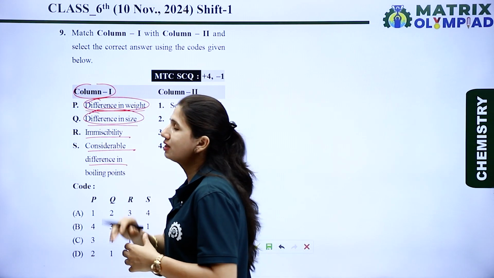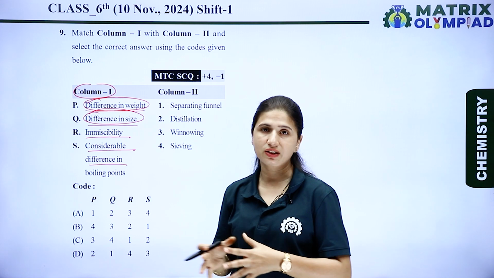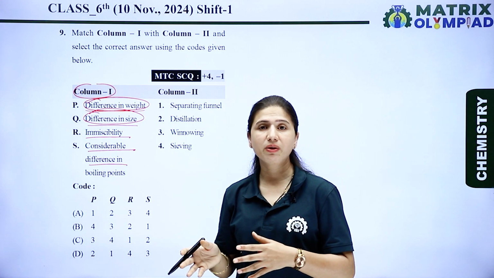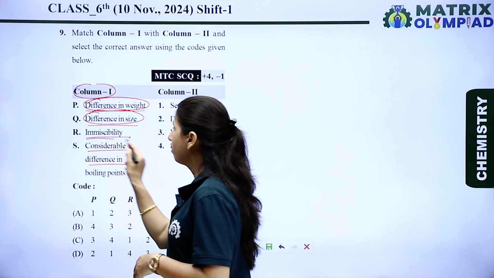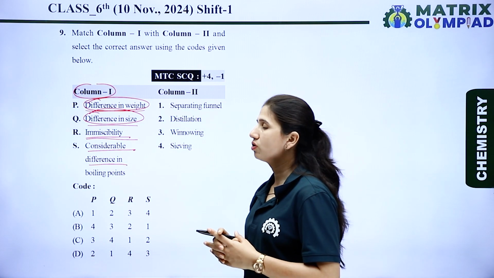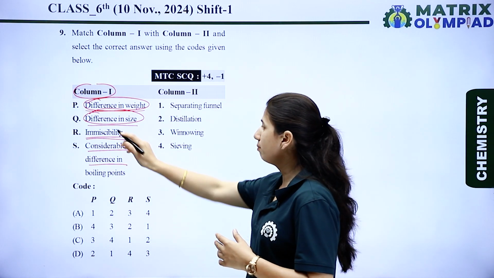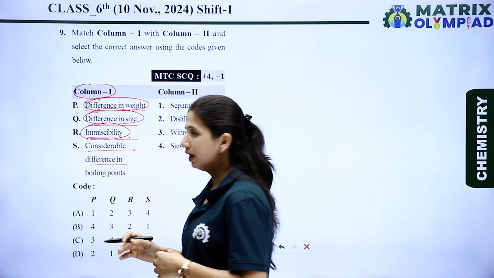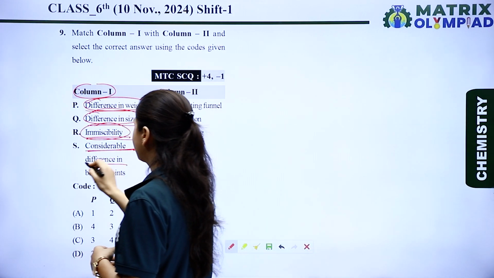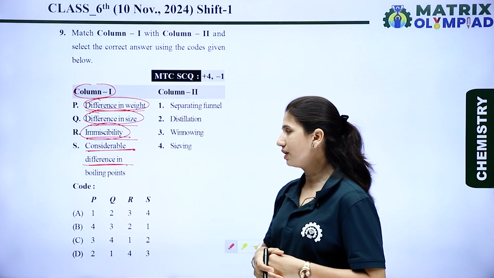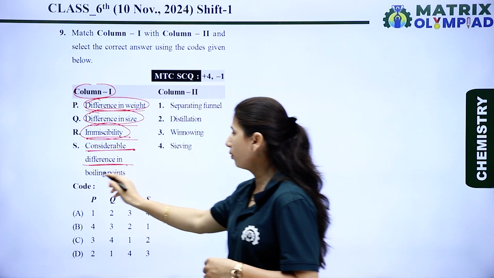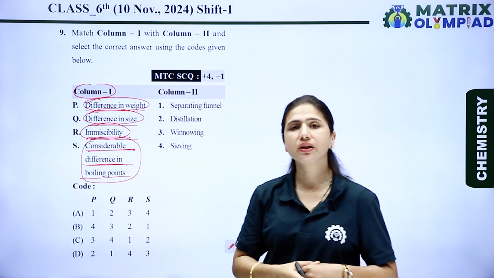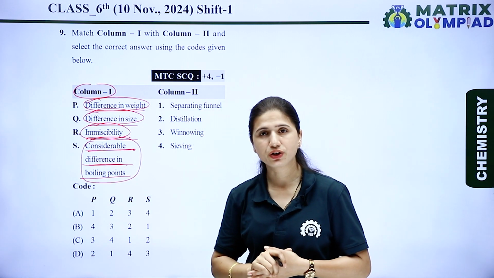Next, difference in size. When the particles have different sizes, they can easily be separated by sieving, like kidney beans and chickpeas. Next is immiscibility. When two substances are immiscible with each other, then by the separating funnel we can separate both. Next is considerable difference in boiling point. When two components are mixed with different boiling points, they can be separated by the distillation process.